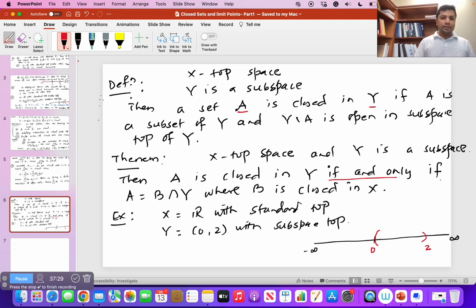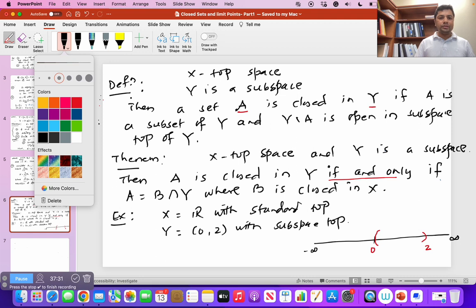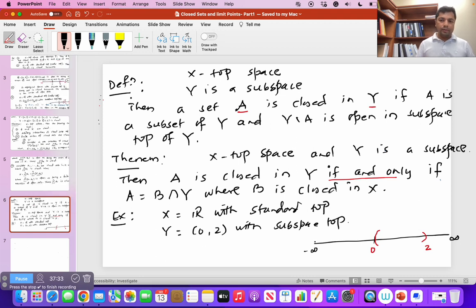All right, now according to this theorem, let's say I have 1 here. Let me take the intersection of Y with the interval -1 to 1. We already know that this type of interval is closed in the standard topology on R, or closed in the order topology on R. We have seen that before.